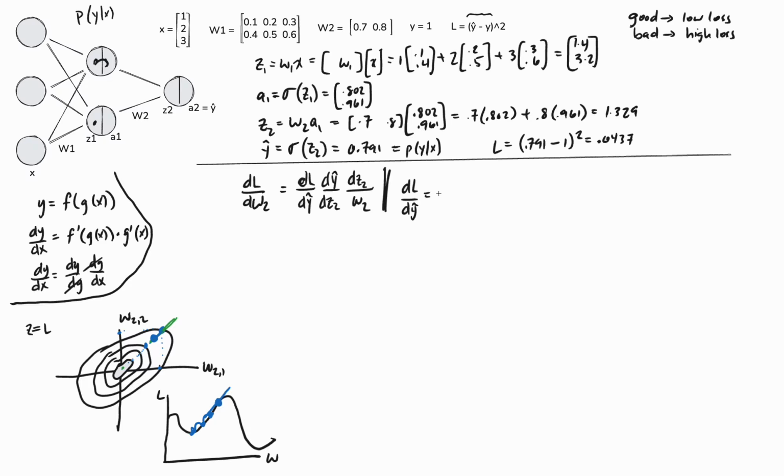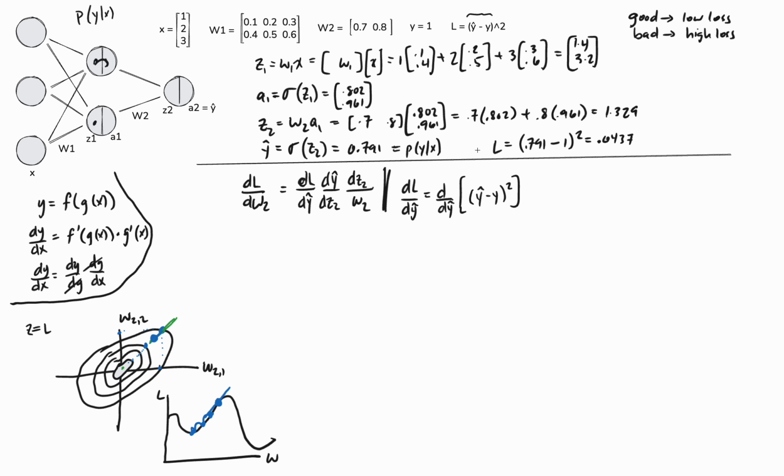We can write this dL/dy hat, and what is L actually defined as? Well, it's (y hat minus y) squared. So we want to know what the derivative of this is with respect to y hat.